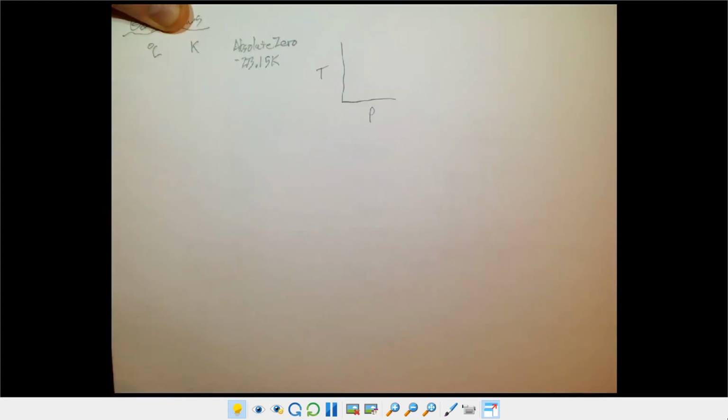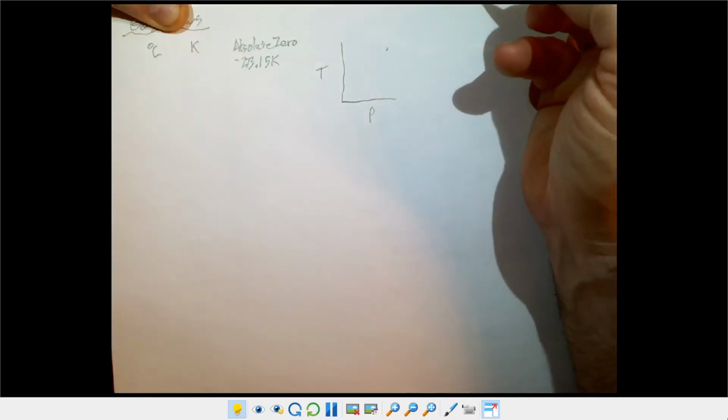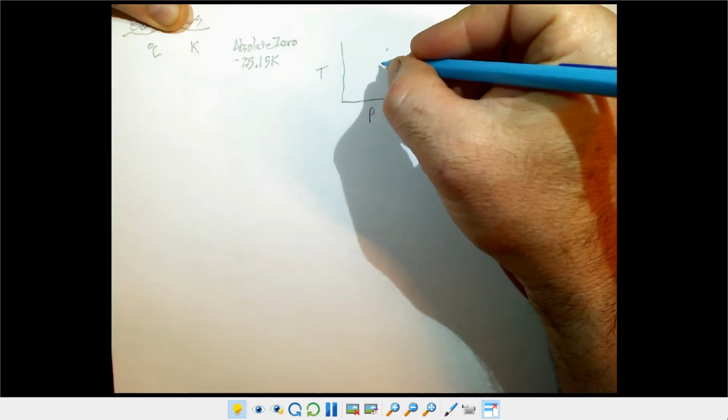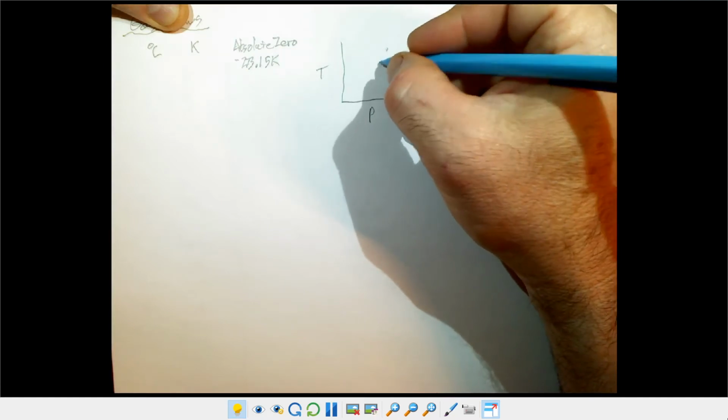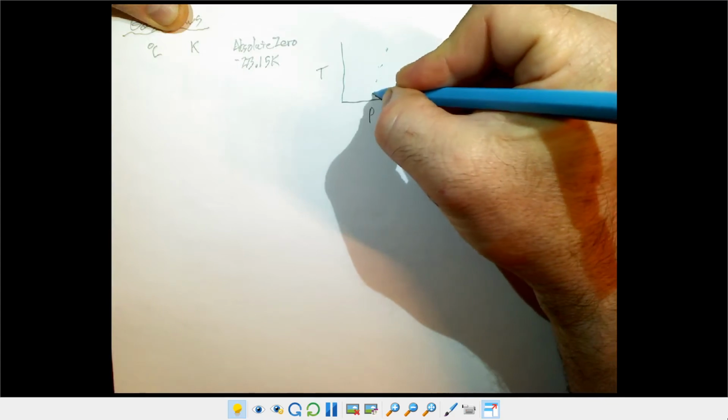As the pressure was high, you might have a data point here, and as you keep dropping the temperature, the pressure would continue to drop. It was a straight line function like this.